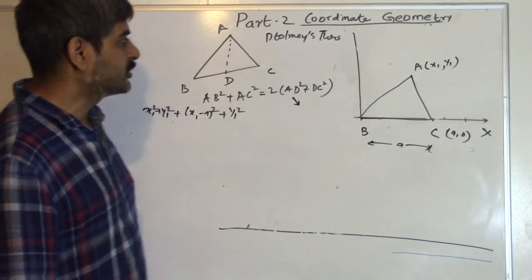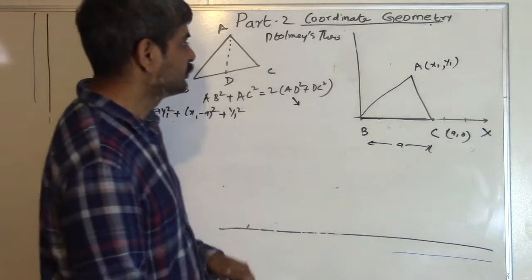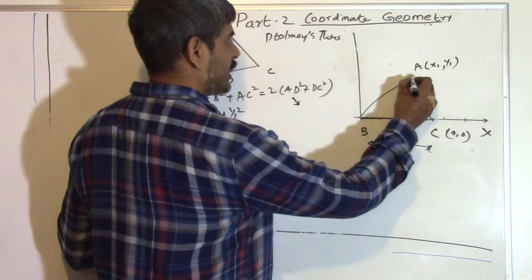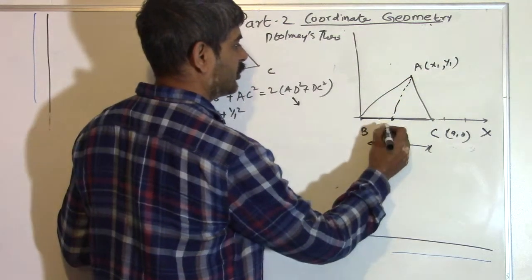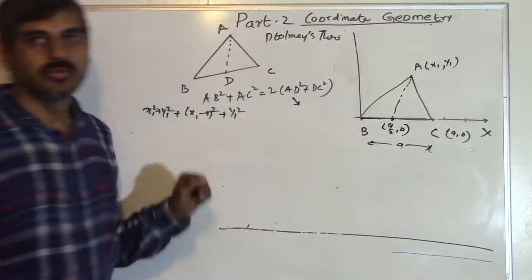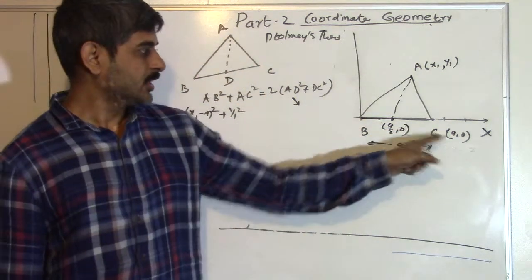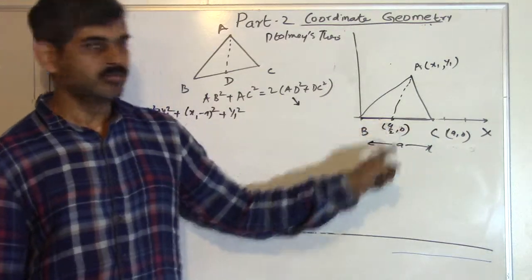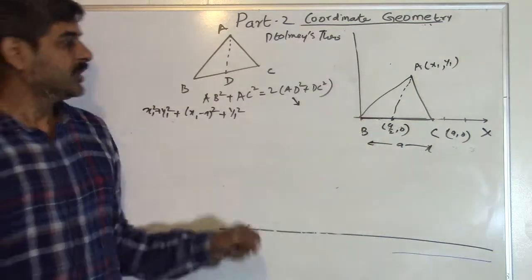So how do we find out this right hand side? We join this middle point of BC. The coordinate of this will be a by 2 and 0, the center point being (0 plus a) by 2 and (0 plus 0) by 2. This is the point D we found here.